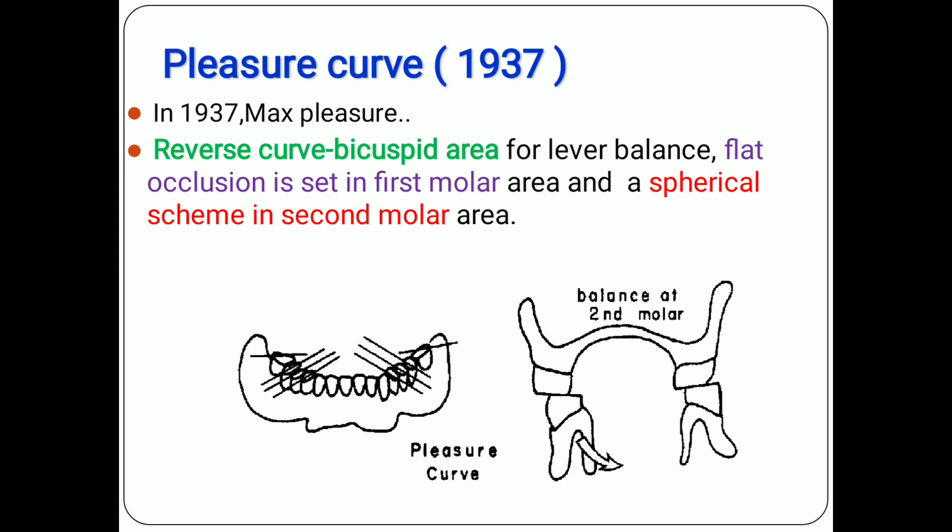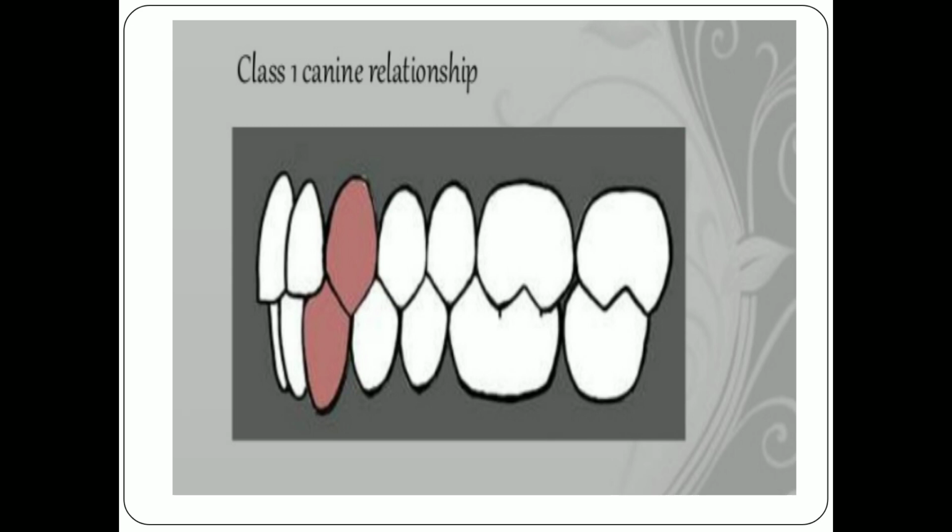For example, when you arrange your posteriors with your glass plate relation, we can clearly see that your first molar will be touching the glass plate with its cusp tip, whereas your second molar will be just tilted, like an inclined plane. For an illusion, you can see that the second molar lies like an inclined plane. That's why when you keep your glass plate relation, your first molar will always be in a flat occlusion, whereas your second molar will be in a spherical occlusion. This is nothing but your Pleasure curve, right?